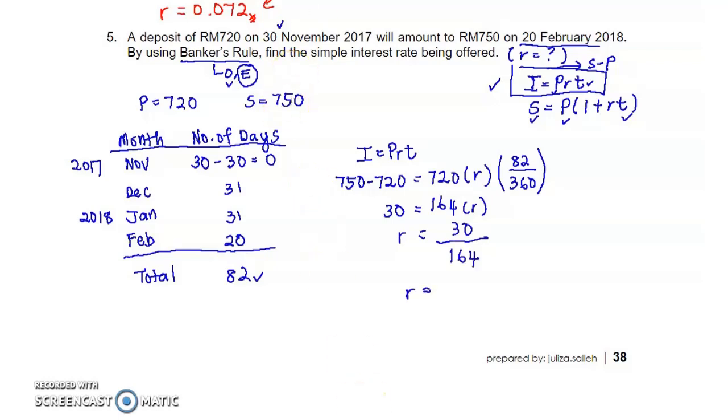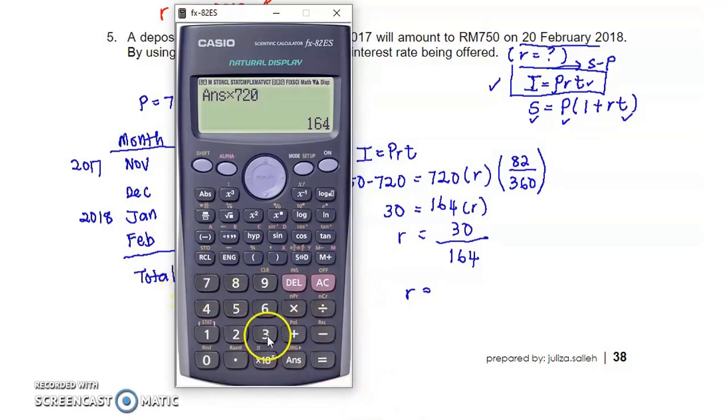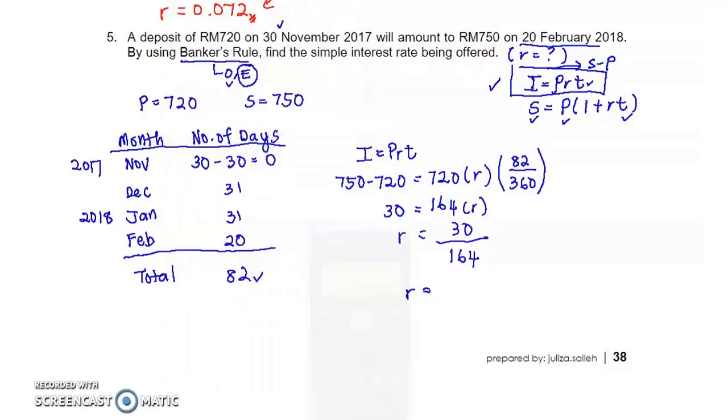So R how many percent? 30 divided by answer. Answer referring to previous answer in your calculator, which is 164 just now. So 0.1829. So just round off up to 4 decimal point. 0.1829. So if you want to express in percentage, multiply by 100.